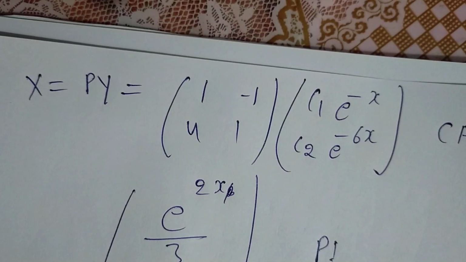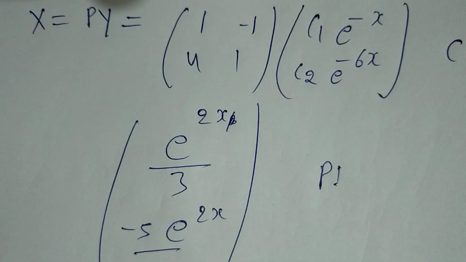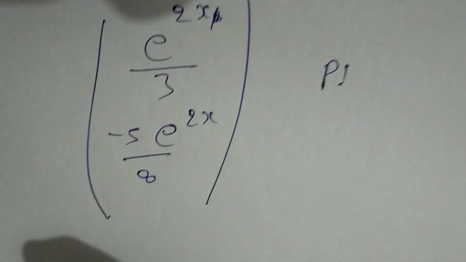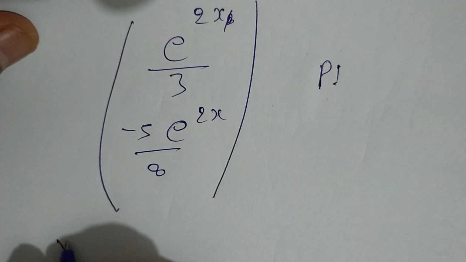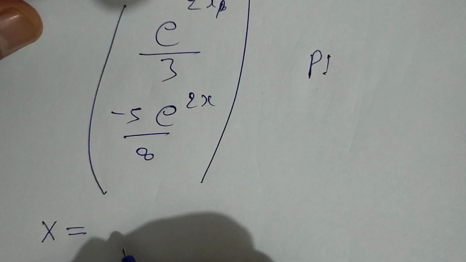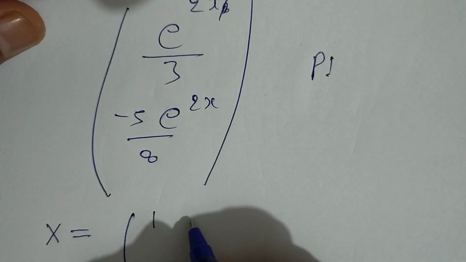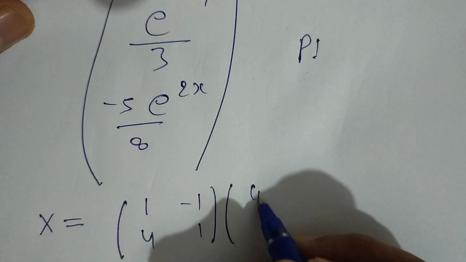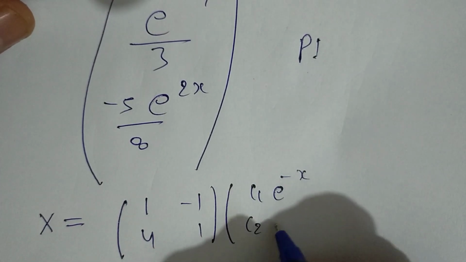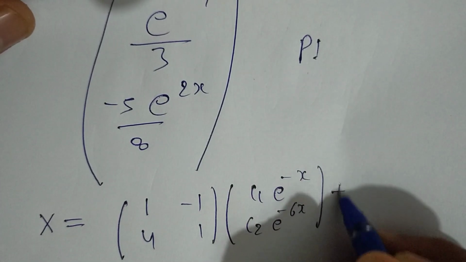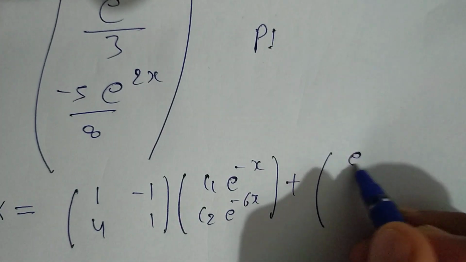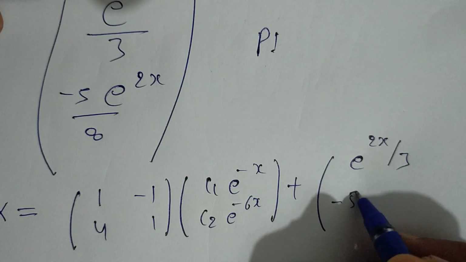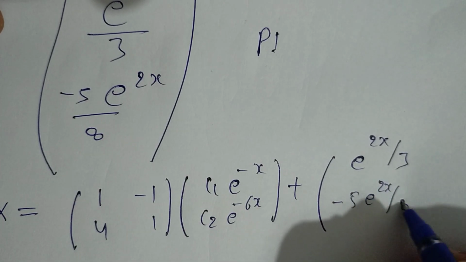Let us write the final answer: x equal to [1 -1; 4 1] times [c1 e power minus x; c2 e power minus 6x] plus the particular integral [e power 2x by 3; minus 5 e power 2x by 8].